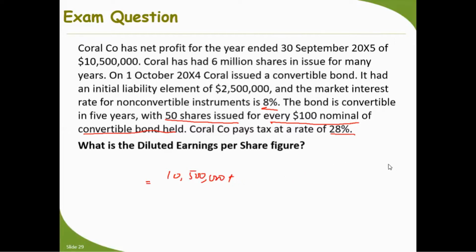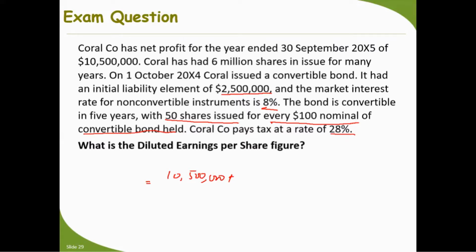To calculate notional profit, we will take the convertible bond's value, which is 2.5 million, times 0.08. This is your finance cost, which would be your saving.